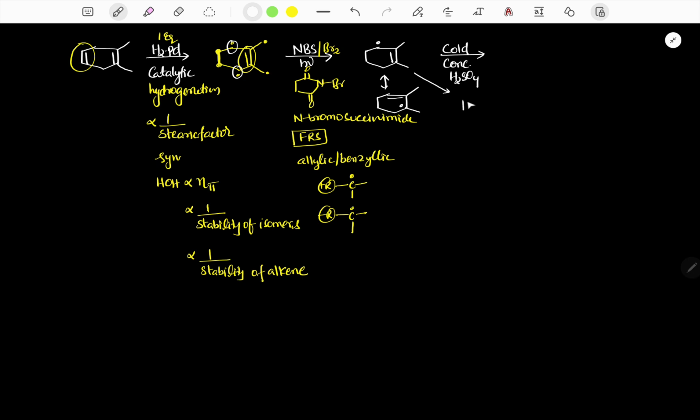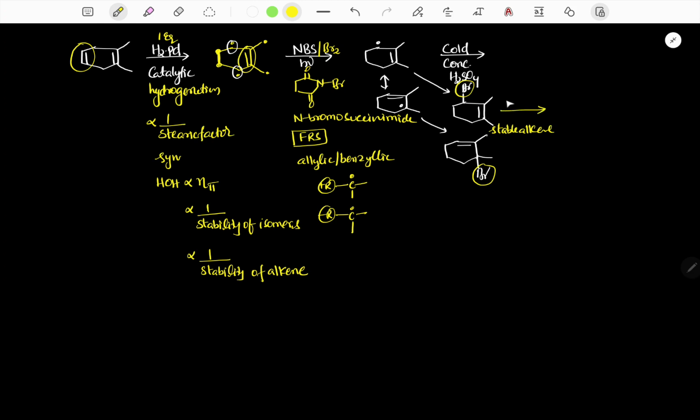Therefore, the corresponding products are Br at the allylic carbon radical positions. Now, among these two, the major product is generally the more stable alkene, because here the double bond is connected to a greater number of substituents.